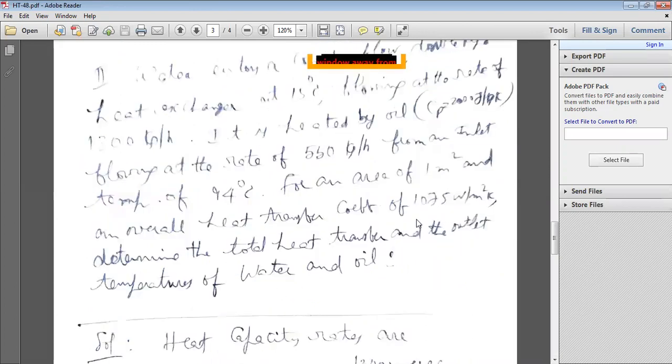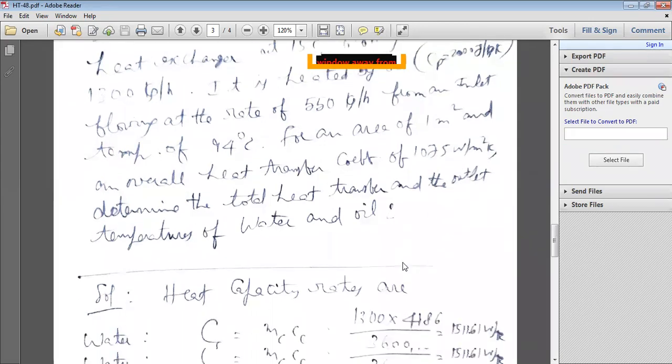And overall heat transfer coefficient 1075 watt per meter square Kelvin. Determine the actual heat transfer rate and the outlet temperature of water and oil.